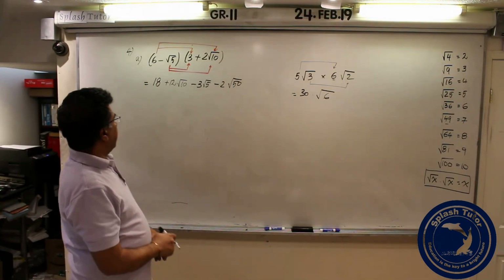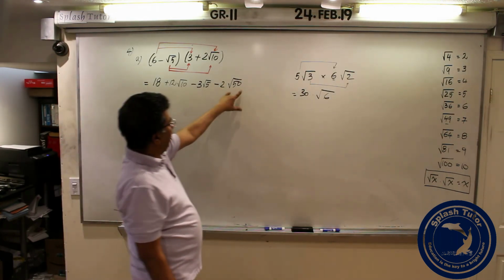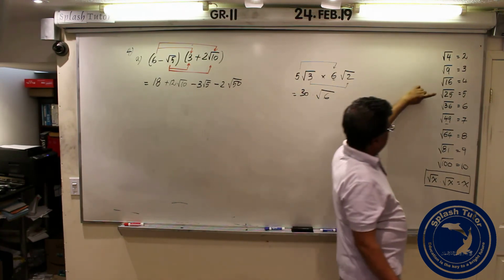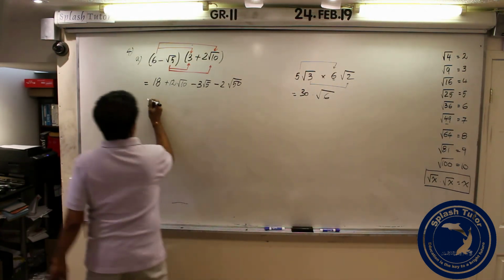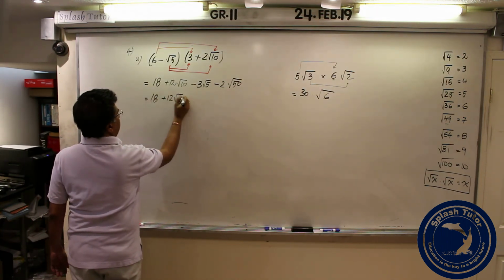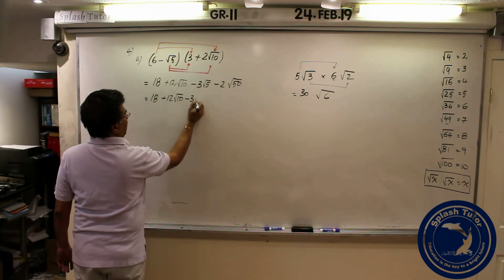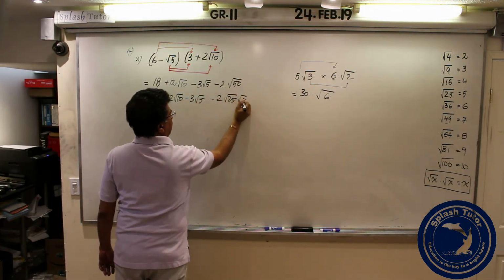Right? Now, is there anything else we can do here? Only thing is we can do the root 50 can be written as 25 times 2. That is 18. That is 12 root 10. We cannot do anything with 3 root 5. 2 times root 25 times 2.